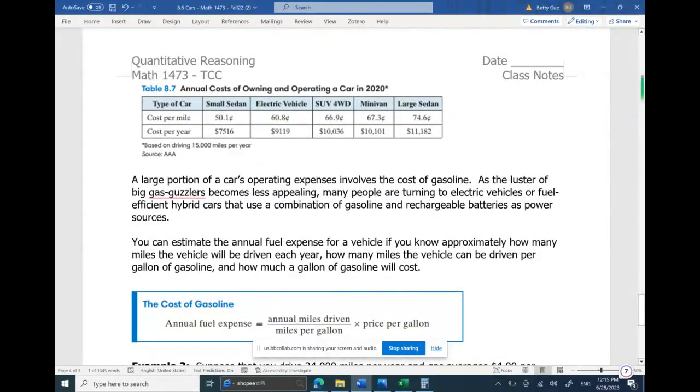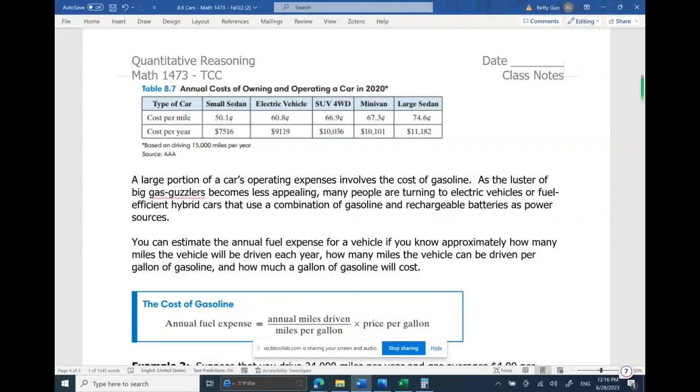And this table lists the cost for different types of cars: small sedan, electric vehicle, EV, SUV, minivan, large sedan. Small sedan is the cheapest.